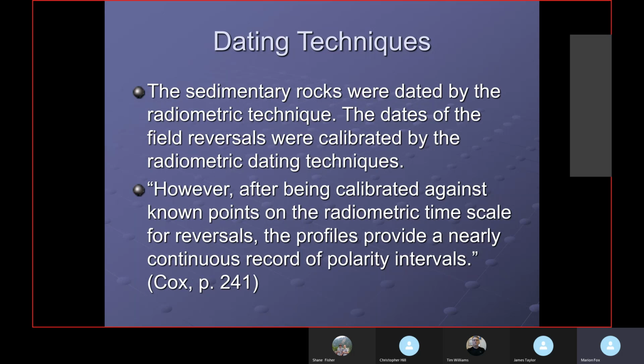And of course, we've already seen radiometric decay has 4 variables in the equation. They only know one of them for certain, and that's how much they have at this time. And we've shown that there's some evidence that at least some of the radiometric decay constants, the constants for the decay, which was lambda in our equation, have been known to be varied by temperature, pressure, and other factors.